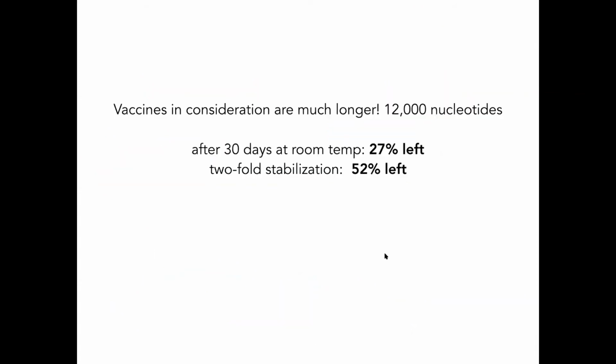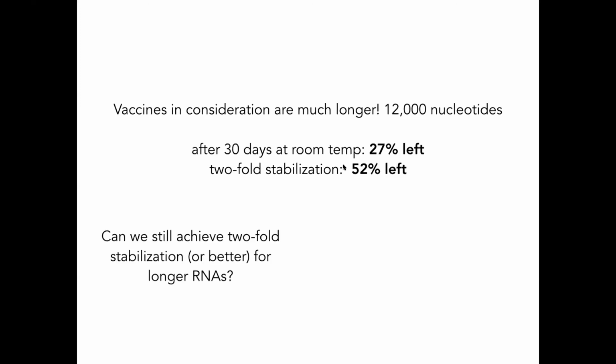Well, if we look at mRNAs that are under consideration to be vaccines, they're much longer. And the longer our molecule is, there's more of those backbone links where the molecule can break. And so under the same conditions for a real RNA vaccine at room temperature, we might only have 25% left. But if we can 2-fold stabilize it, we would then already be at 50% left. And ideally, we would like to be able to have more than that left.